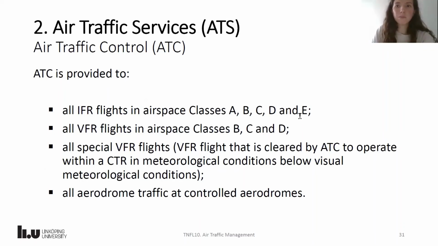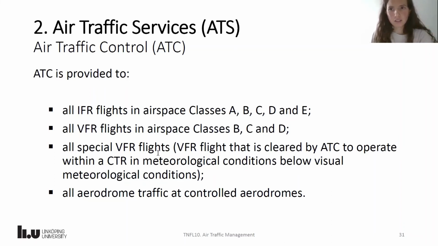I remember that F and G airspaces were not controlled airspaces. And VFR flights are also provided with ATC if they fly in these three classes of airspace. Remember that VFR flights were not allowed to fly in the more controlled ones, in A. Also, it must be provided to special VFR flights.